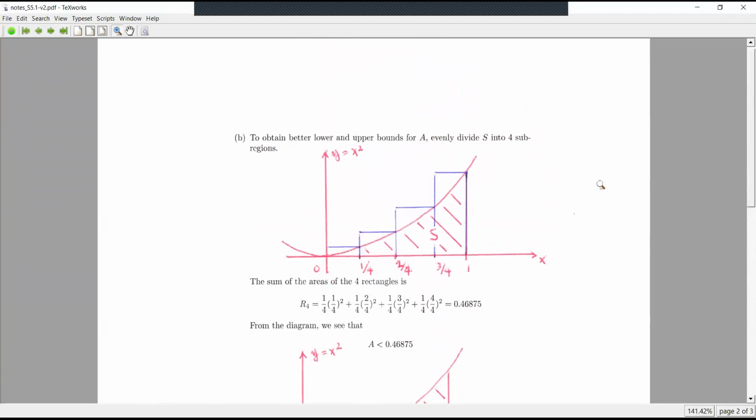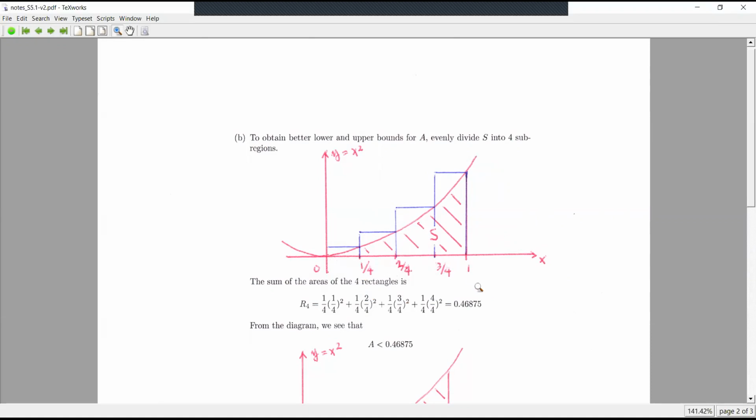Okay, step 2. I use 4 rectangles to approximate the region S. I cut the interval 0 to 1 evenly into 4 subintervals. The cutting points are 1/4, 2/4, 3/4. Now we have 4 subintervals.